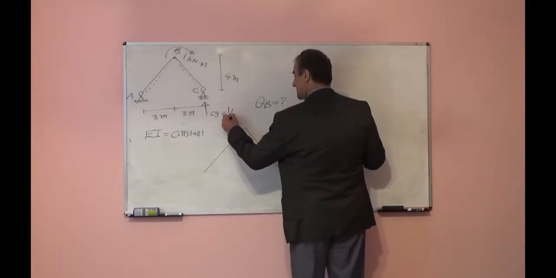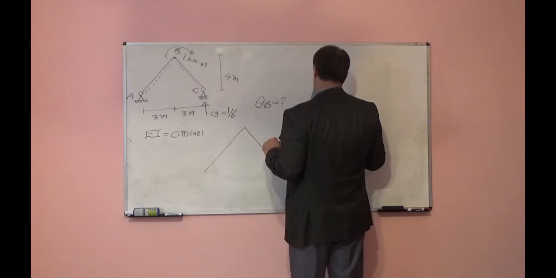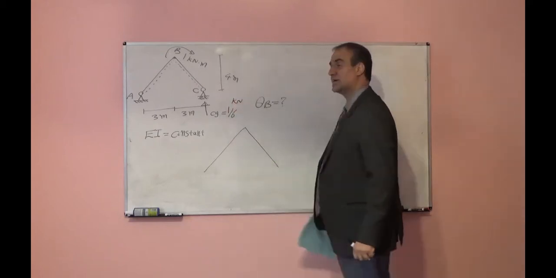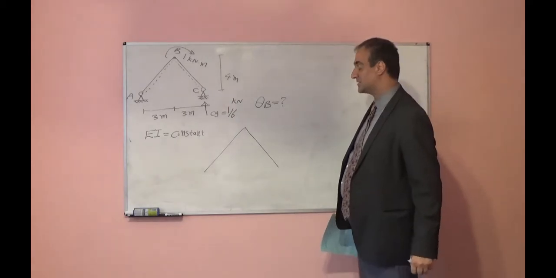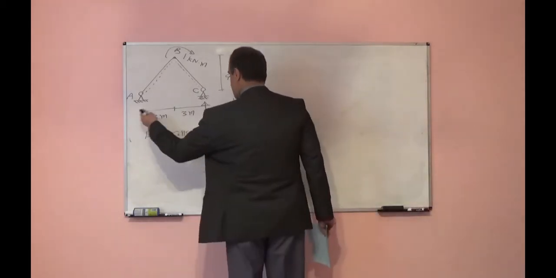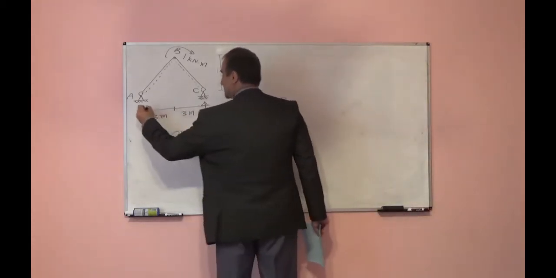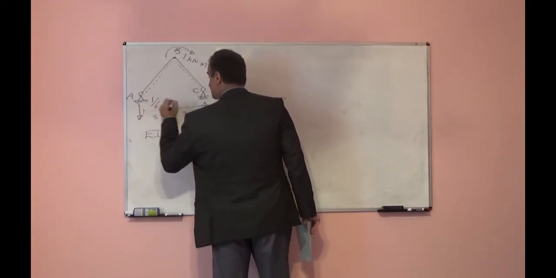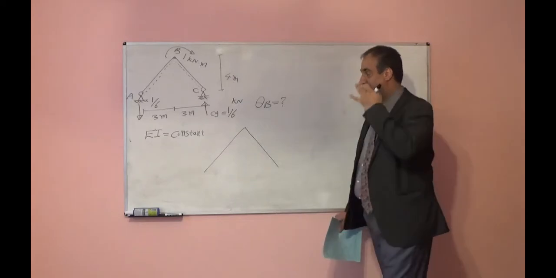So Cy will be 1 over 6 kilonewton. If I write summation of forces in vertical direction equal to 0, Ay plus Cy is equal to 0, we will figure out Ay, it will be negative 1 over 6, or 1 over 6 downward.